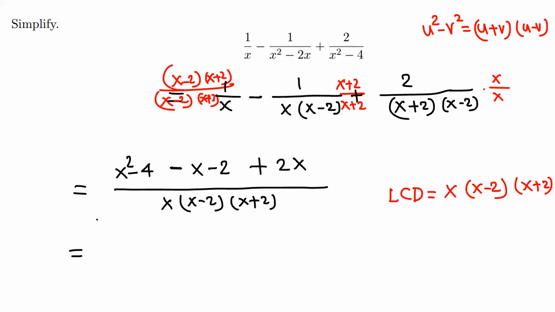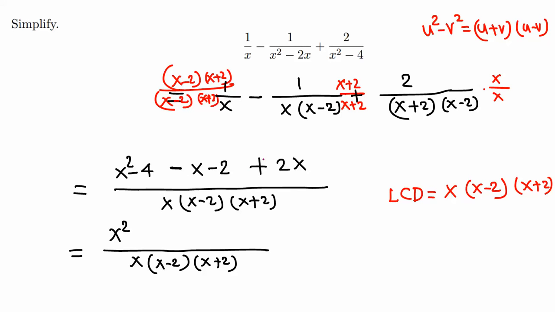Okay, now on the top, whenever we combine fractions, we keep writing the bottom, just simplify the top, and at the end we factor the top and cancel common factors if they have any. So here is x squared on the top, now plus 2x minus x.